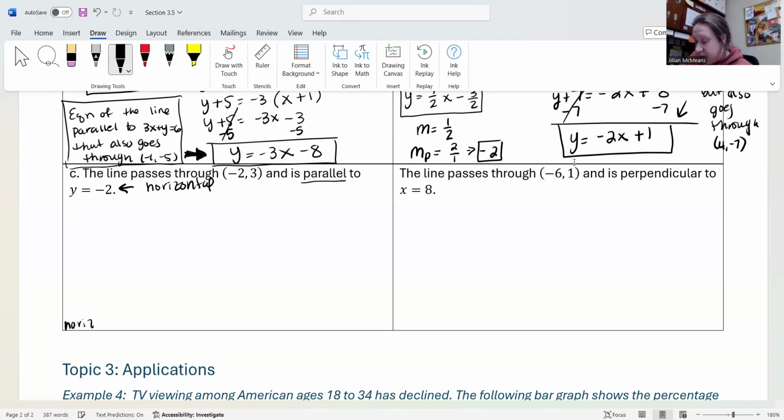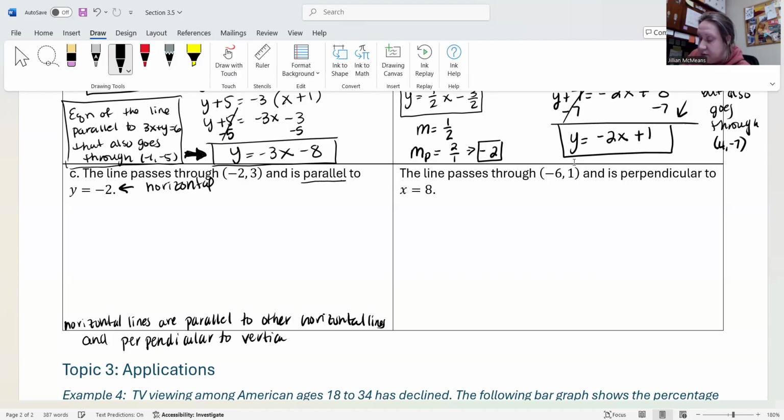Horizontal lines are parallel to other horizontal lines and perpendicular to vertical lines.